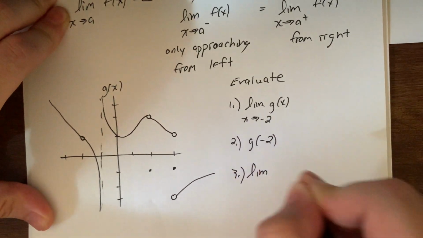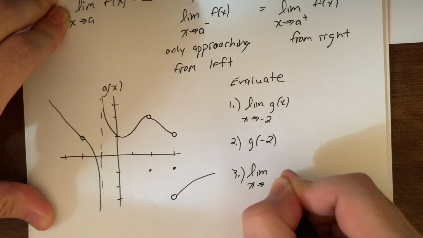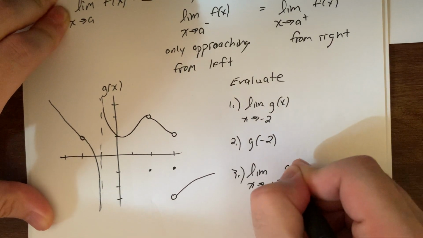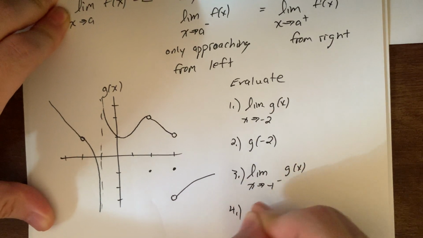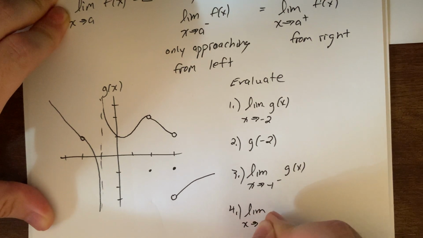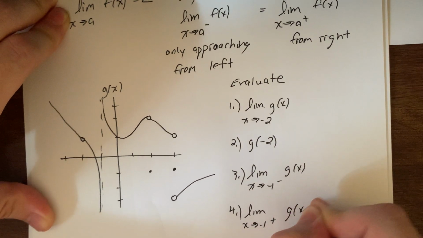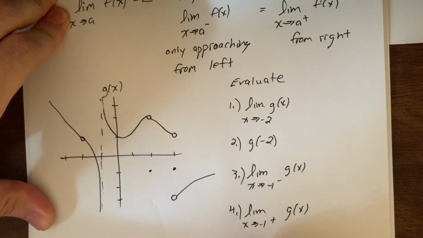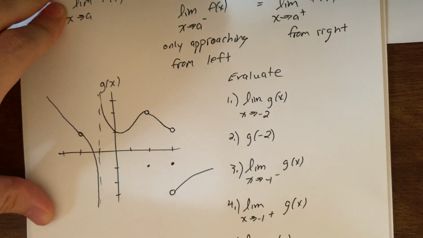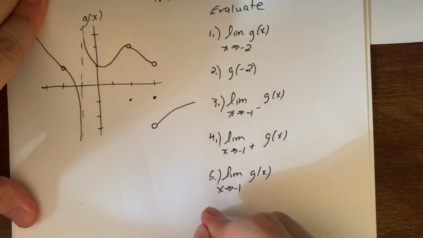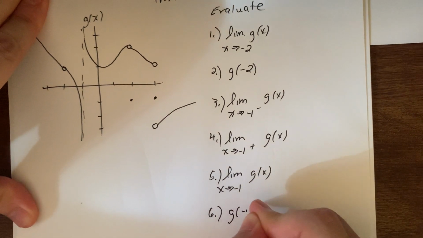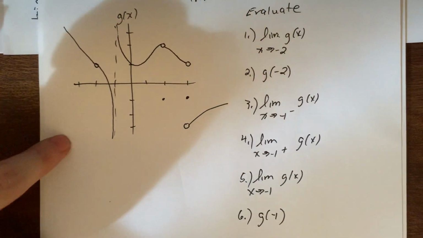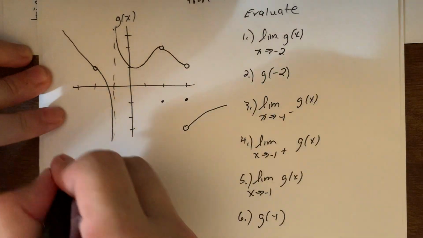Number 3, we're going to take a look as x approaches -1 from the left. Limit as x approaches -1 from the right. The limit as x approaches -1. And I'm going to finish a few more over here. Number 7.